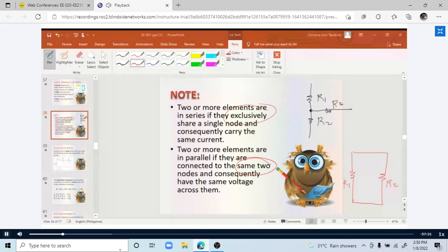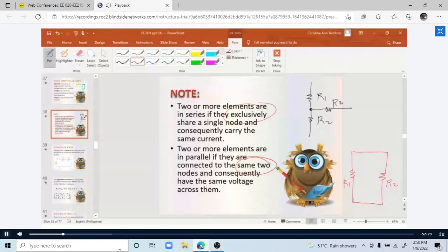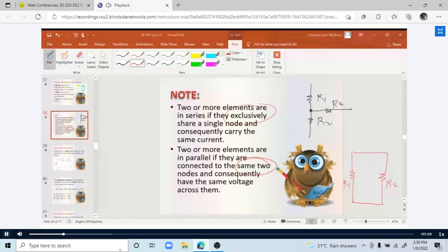So if we have this circuit here, the red one, how many nodes do we have? Two?